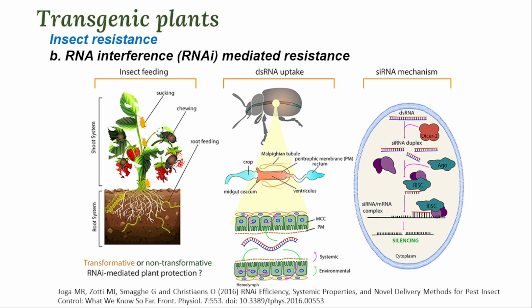One more methodology that can be used for resisting insect pathogenicity in plants is RNA interference. This mechanism is used whenever pathogenic insects harbor onto the plant, where definitely some proteins are produced.